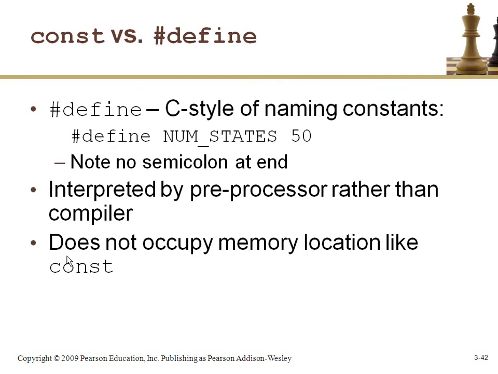There's another way that you can define a named constant, and it's the old C style of naming a constant in the program. The difference between this style and the regular one is that this one does not take any memory space, and it is interpreted by the preprocessor rather than the compiler.